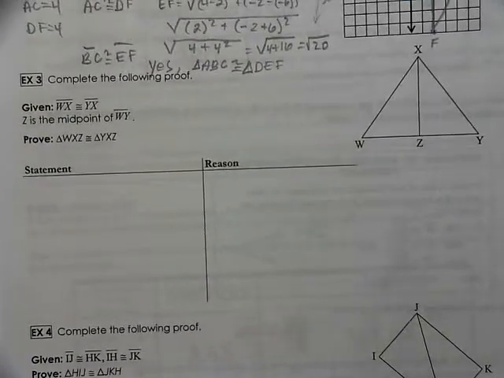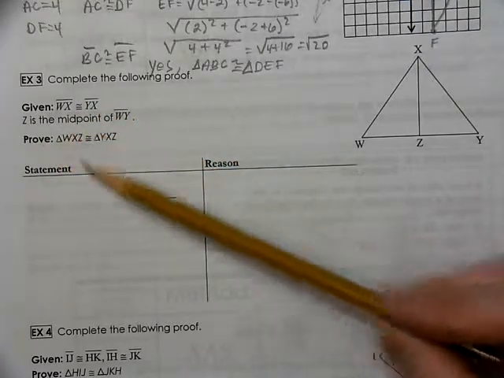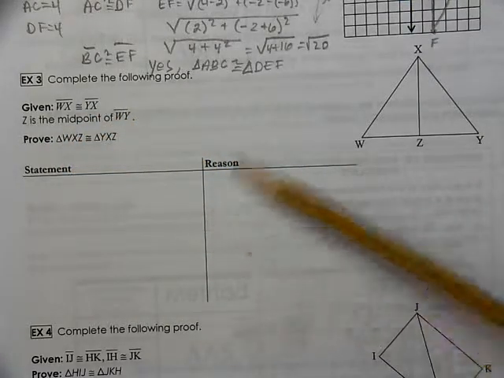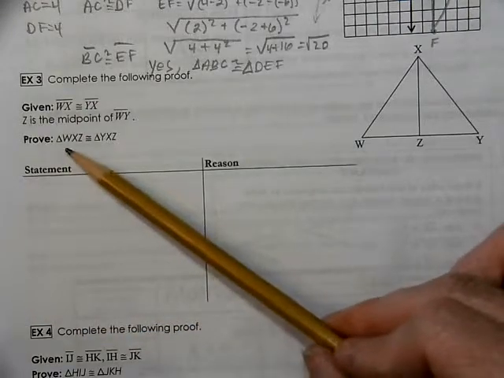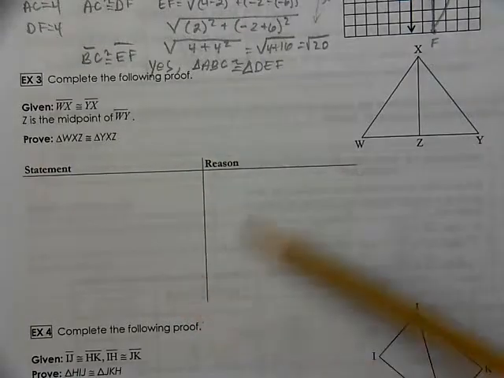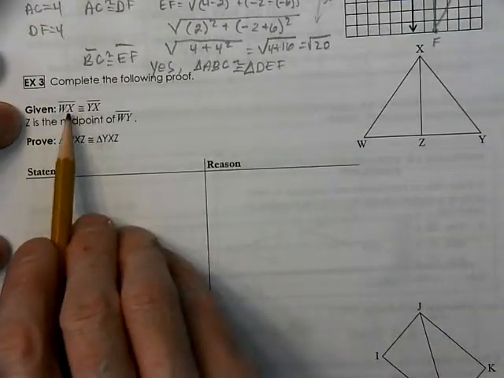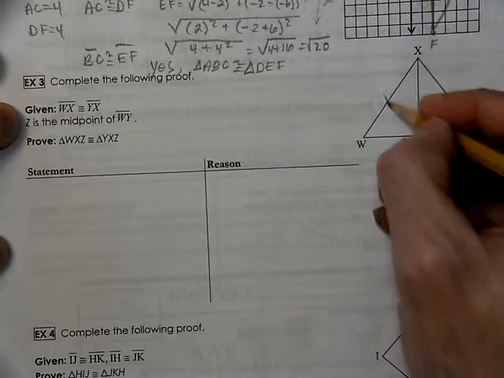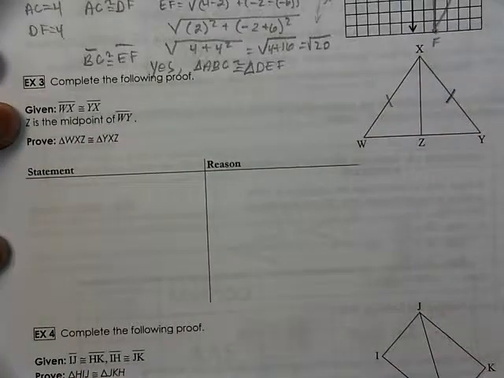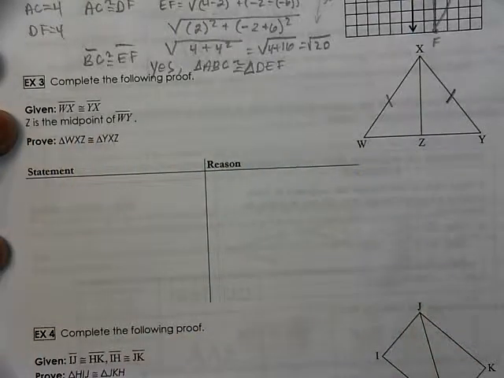When you're setting up a proof in geometry, it's important to make a plan before you start writing. In geometry, a lot of the proofs that we do for proving triangles congruent, we're going to do from scratch. We're going to have no help along the way. Look at the given information. We know that WX is congruent to YX because of the given information. We know that Z is a midpoint. So if you have a midpoint, you need to know what that actually gives you or what that means.